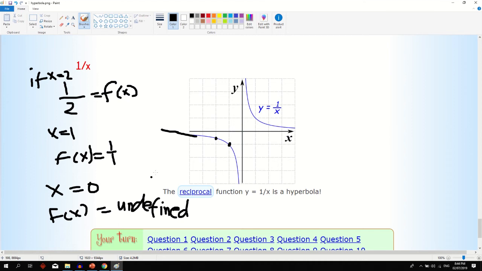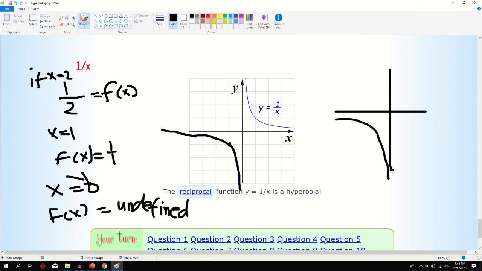Which means if we let x get closer to 0, as you can see in the graph, it is going up, but it won't touch 0. It will just go like this and never touch 0. But when it reaches 0, we don't know where it goes.